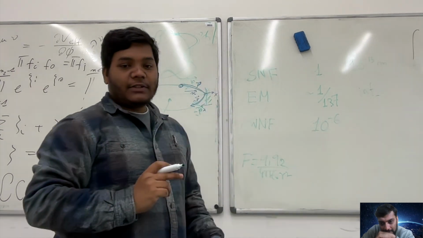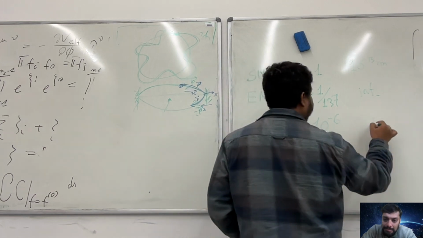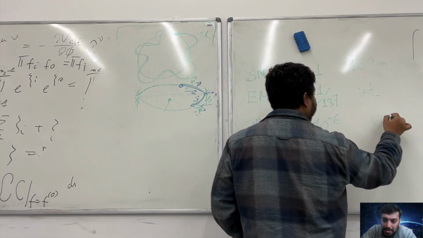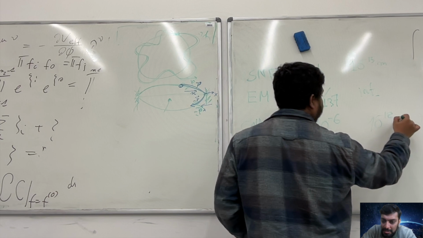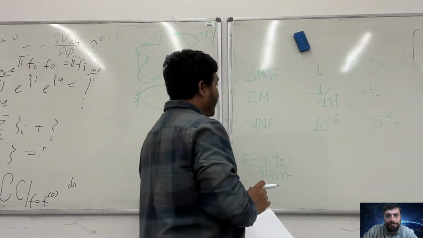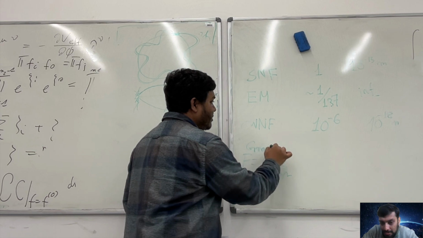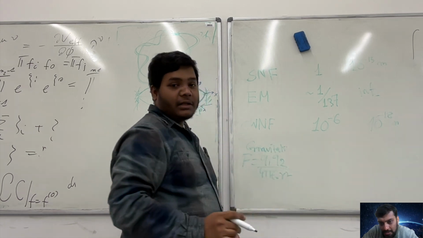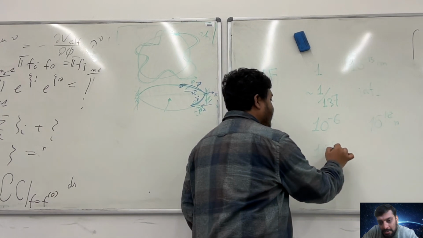And the weak nuclear force is of the order of 10 to the power minus 18 meter. And if I also complete the gravitational force, this is even weaker, 10 to the power minus 38.